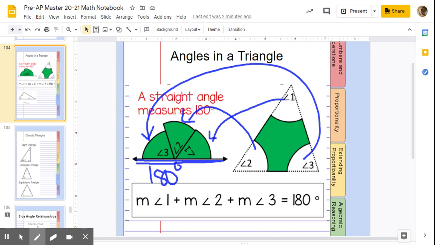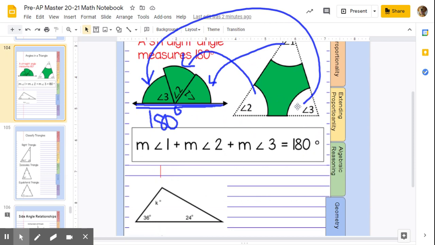This will be true for every triangle that you ever use, which means that all of the angles in a triangle will always add to 180 degrees. So we have here the measure of angle 1 plus the measure of angle 2 plus the measure of angle 3 is going to equal 180 degrees, which is that straight line.